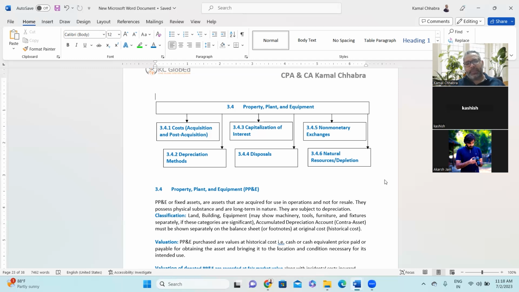And the third one is capitalization of interest. Have you heard this term before? Capitalization of interest. Yes, sir.